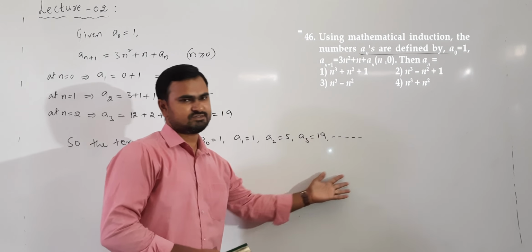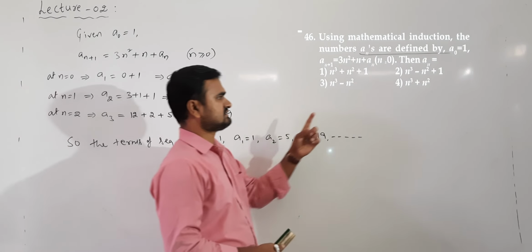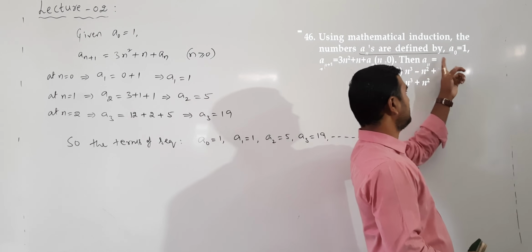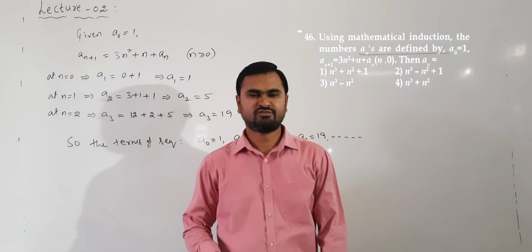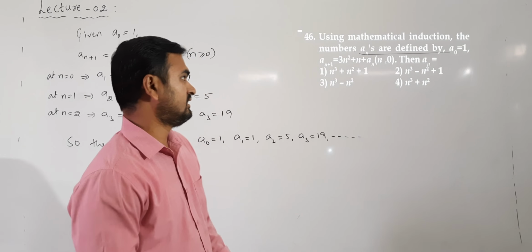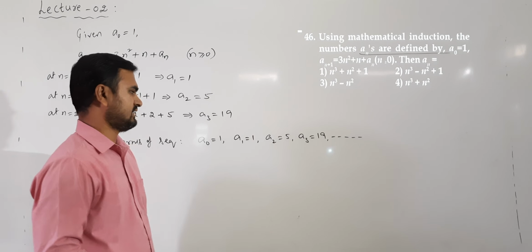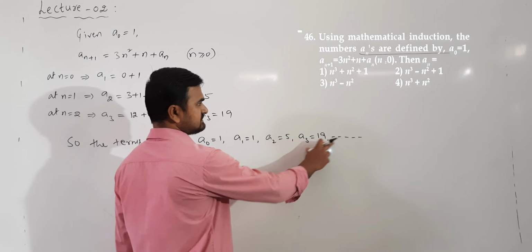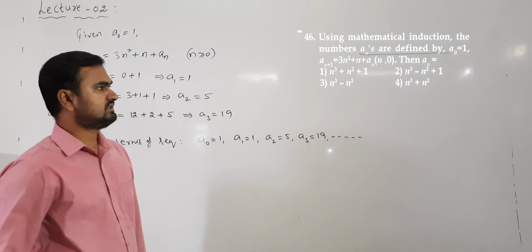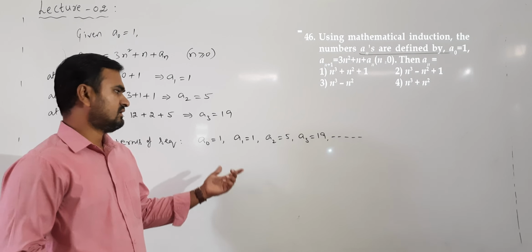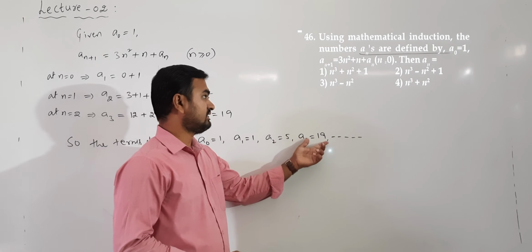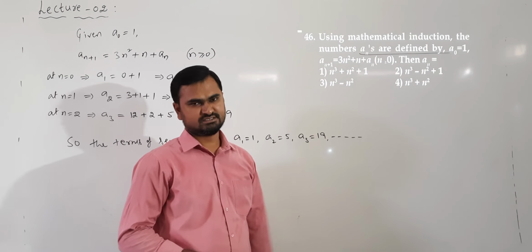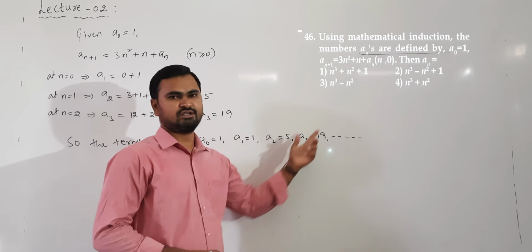Now in these terms of the sequence, what we need is the a_n value. So how to find a_n? We know a0 is 1, a1 is 1, a2 is 5 and so on. So we need a_n. Writing these terms in terms of n will be complex, so from here on we'll verify.